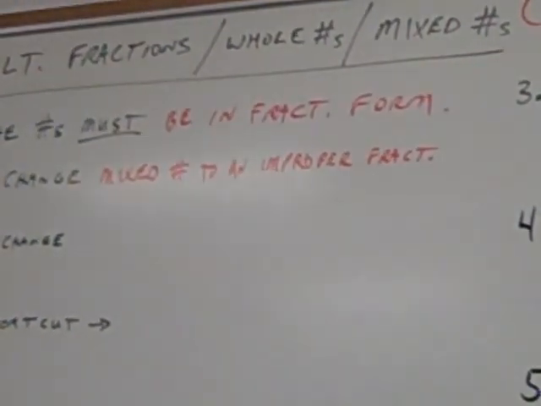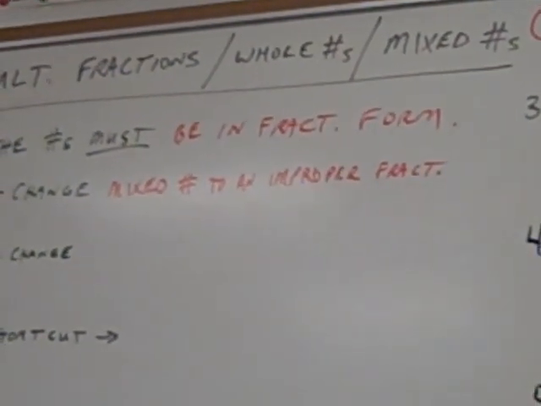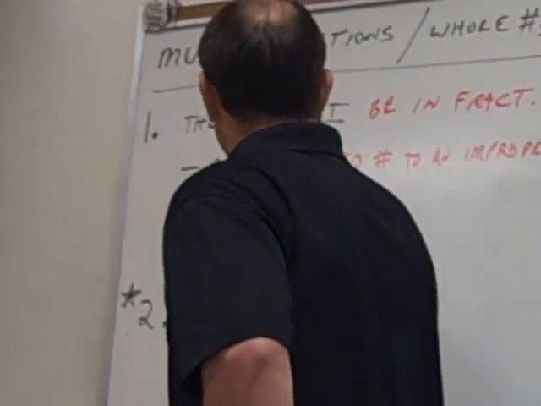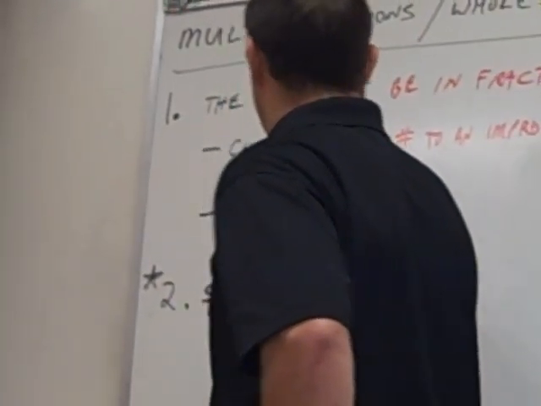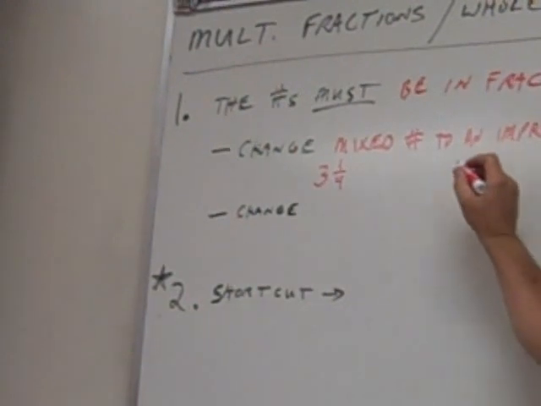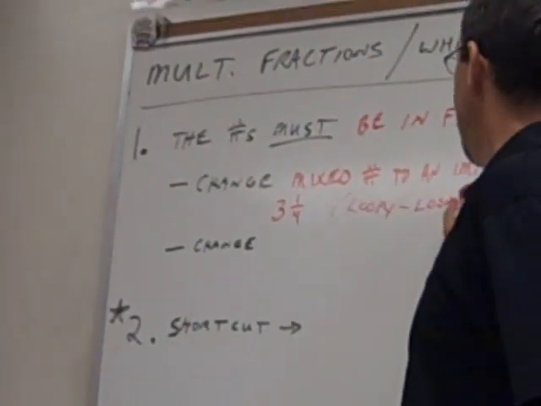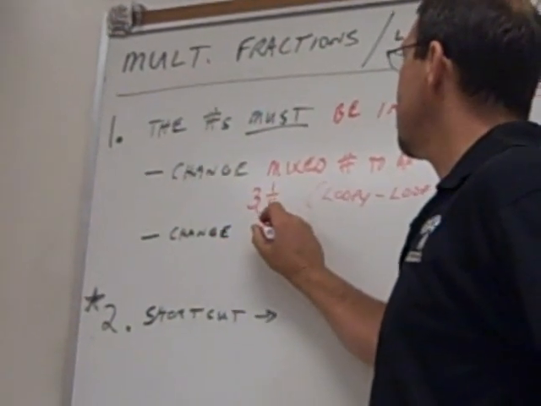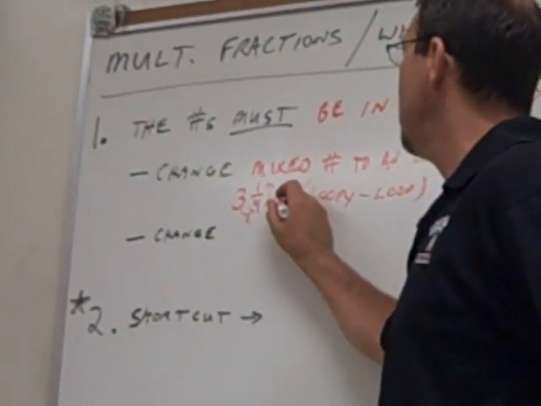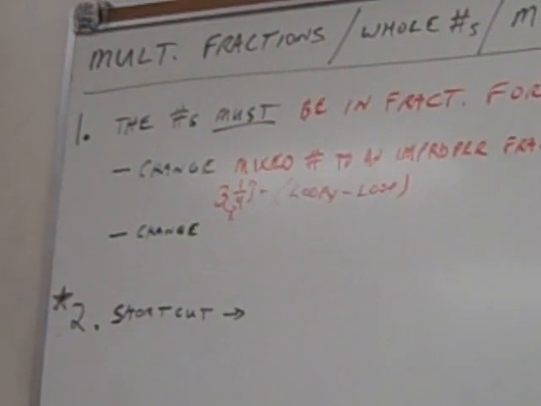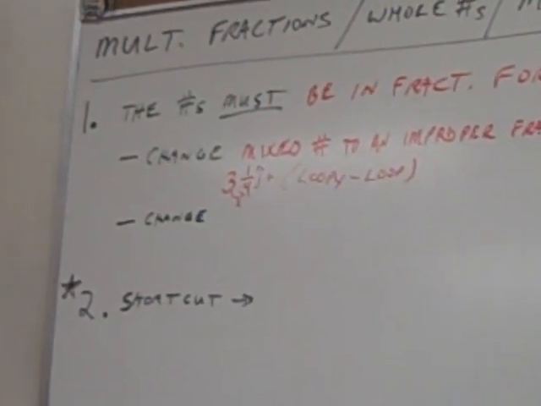Y'all remember how to change a mixed number to an improper fraction? Like 3 and 1/4. Loopy loop. That's what I called it, right? Loopy loop: loop times loop plus. Y'all remember that?